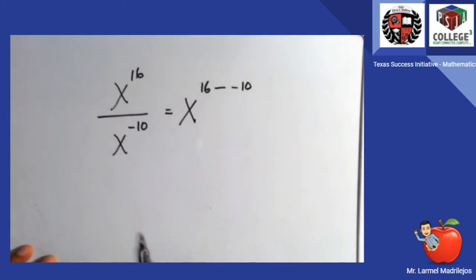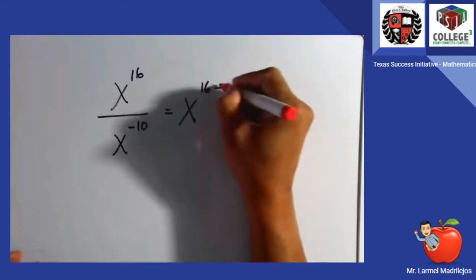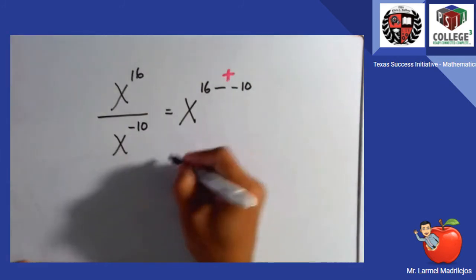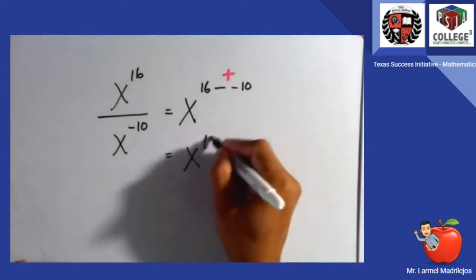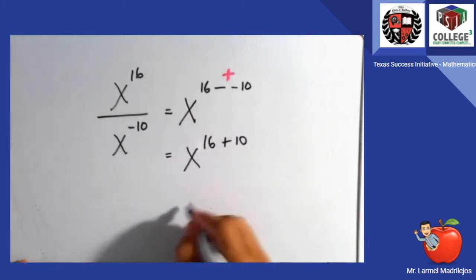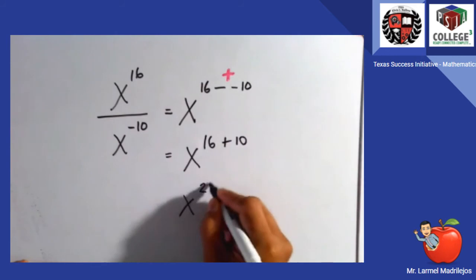So a negative and a negative turns to negative times negative, which turns to a positive. So 16 plus 10. So my answer here is x raised to 26.